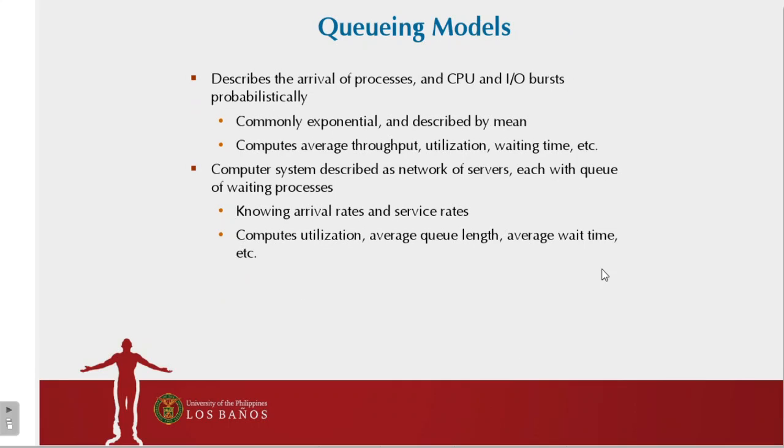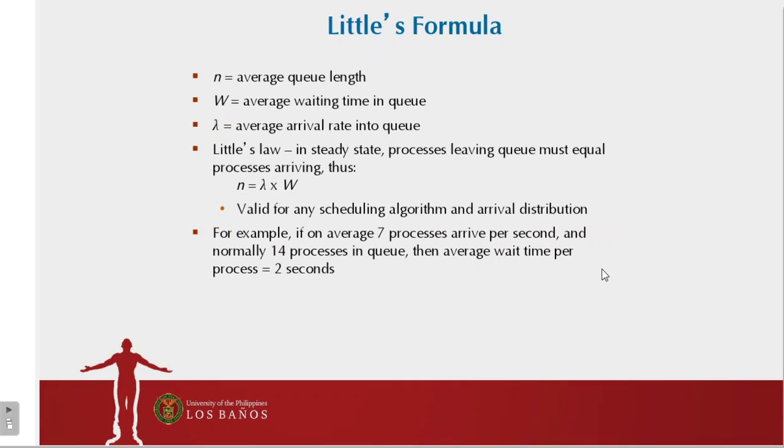We can also have queuing models, which is actually from statistics. We understand the distribution of the CPU and I/O bursts and use probability to determine the distribution, and then we compute some variables and use a formula to determine, for example, the average wait time.